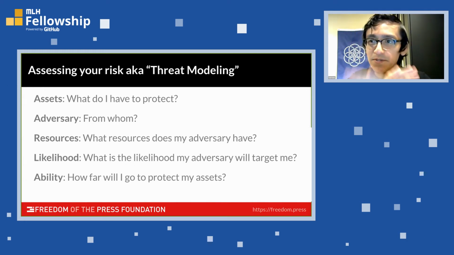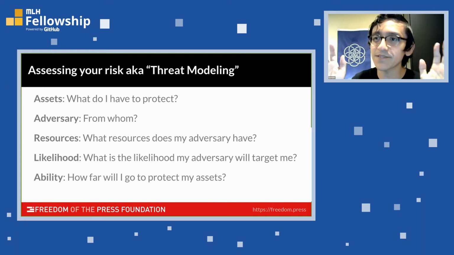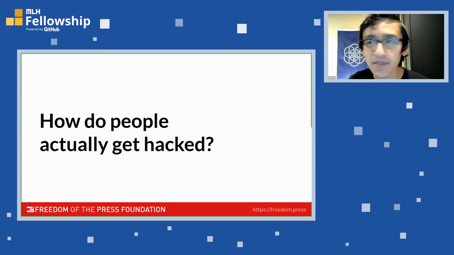So going into how people actually get hacked, in addition to things I've seen firsthand, as we've become the team that sometimes gets drop-shipped into newsrooms after an incident has happened, there are a lot of real-world examples we can look at to get an idea of how these things could have been prevented.